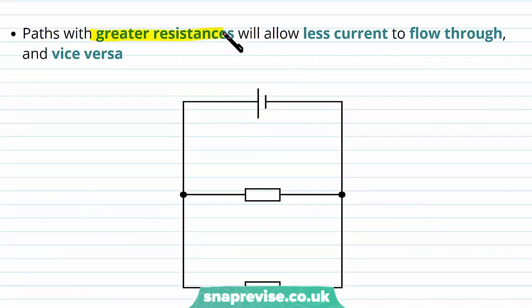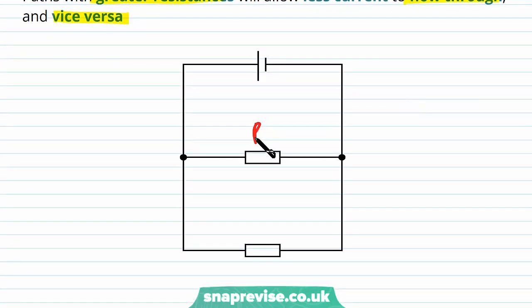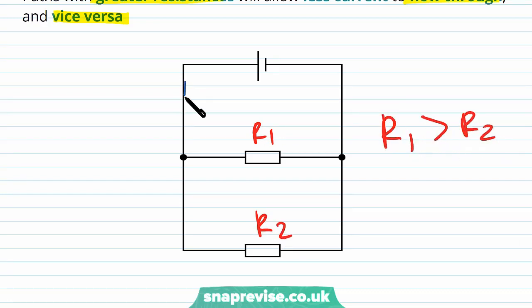Paths with greater resistances will allow less current to flow through and vice versa. So we've got a resistance R1 here and a resistance R2 here. So let's say R1 is greater than R2. When our current splits at this junction into I1 here and I2 here, less current is going to flow through the resistor with a higher resistance.